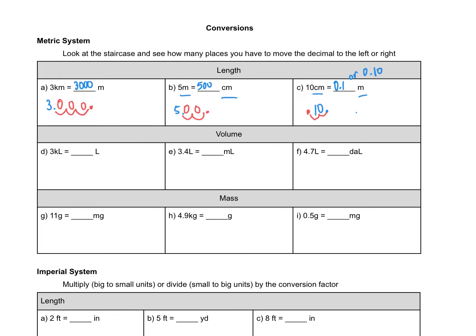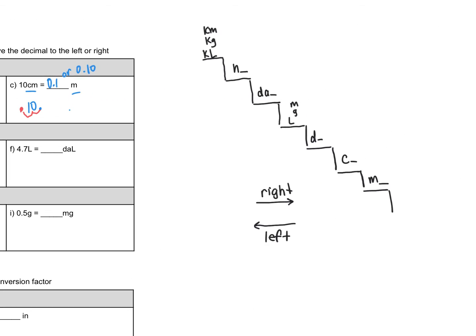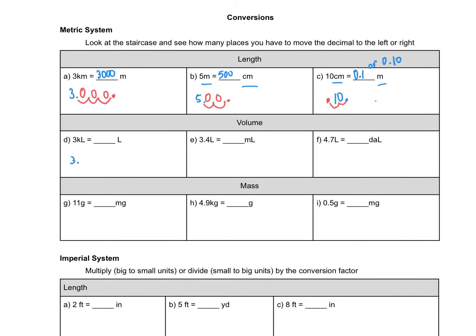So those were length examples. Let's look at volumes. 3 kiloliters to liters. Here's the kiloliter, here's the liter. 1, 2, 3 steps down. So I'm going to take that 3, 1, 2, 3, and fill in the hops with zeros.